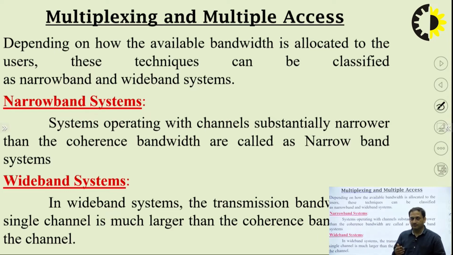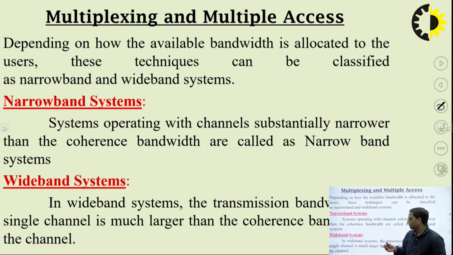For defining multiple access, we classify systems in two ways. The first is the narrowband system, the second is the wideband system. In the narrowband system, the channels are divided into small bands, and the signals are modulated by small carriers and transmitted.